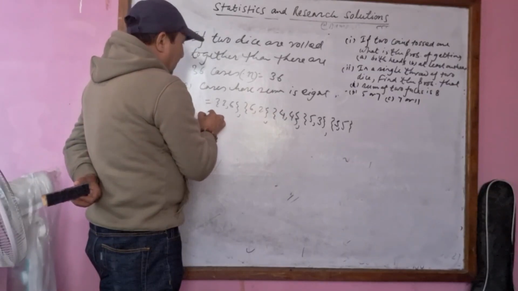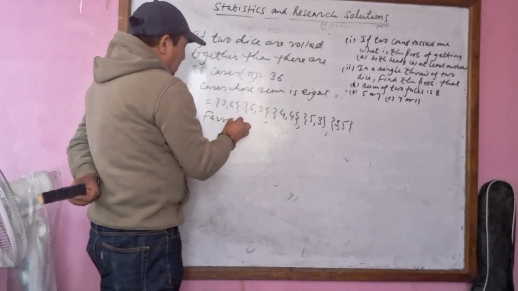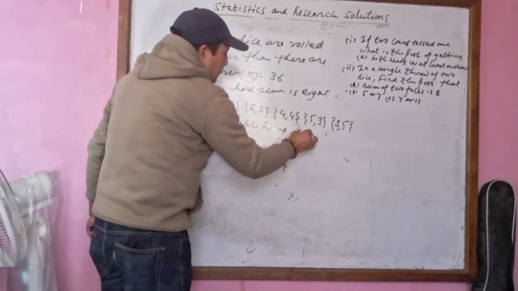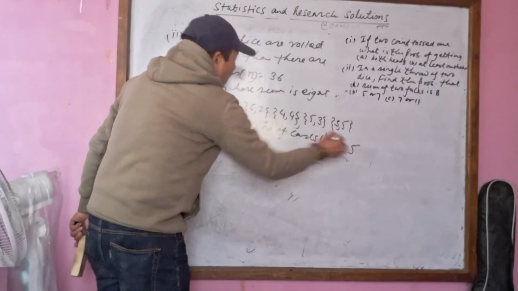So the favorable number of cases m is equal to 5.